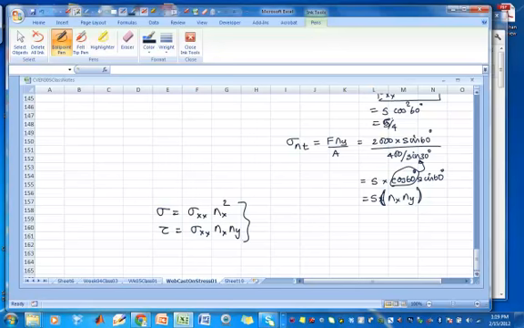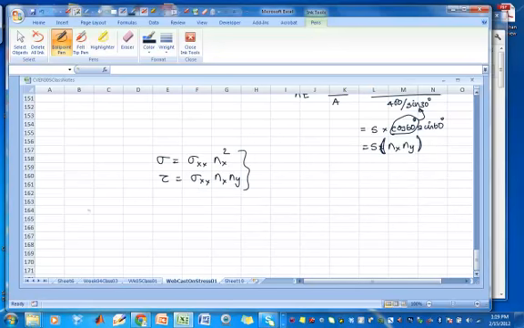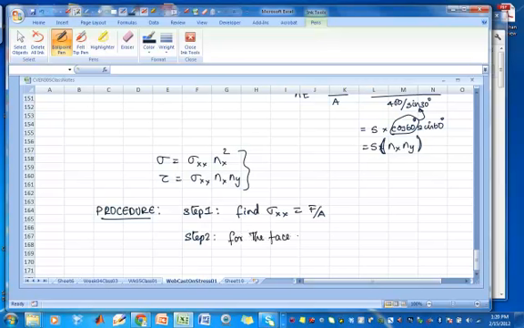So the way you do that, the procedure is the following. Step 1, find sigma xx, that is F over A, that's easy to do. Step 2, for the phase in question, find nx and ny.